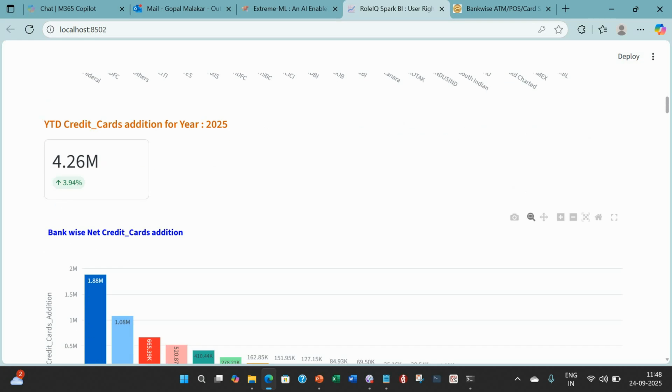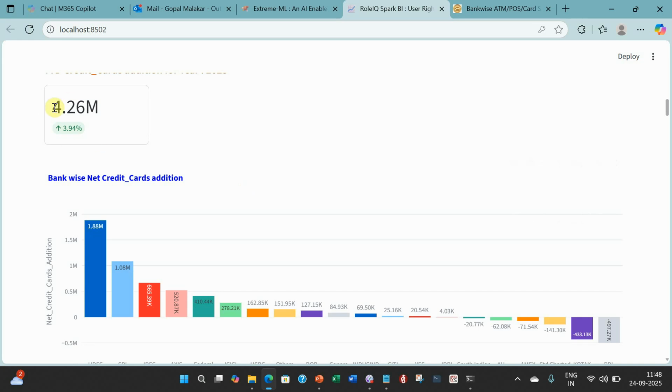Now look at YTD. So essentially, how many cards have been added in this entire 2025? You are comparing the August 25 base against the December 24 base. So 42 lakh 61,000 cards have been added, a 3.94% jump in the base.